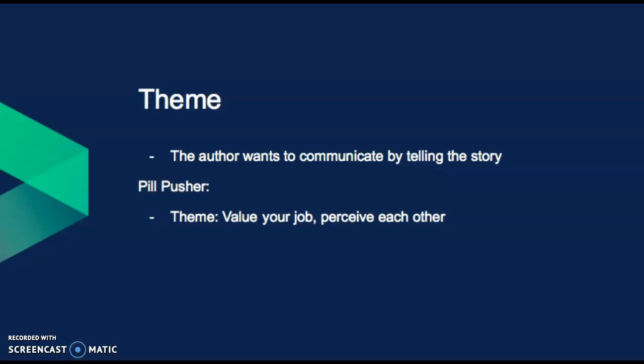The theme is the message that the author wants to communicate by telling the story. In the text Pill Pusher, the theme could be how to value your job. We learn that the narrator is sick of her job, and she thinks that it potentially can be harmful and cause addictions for her customers.